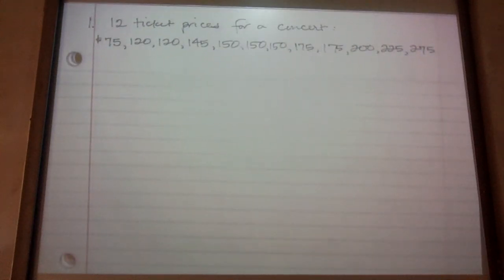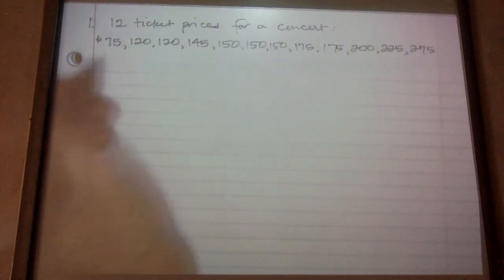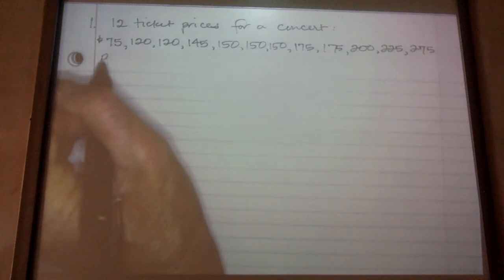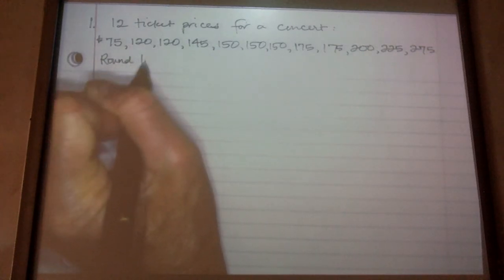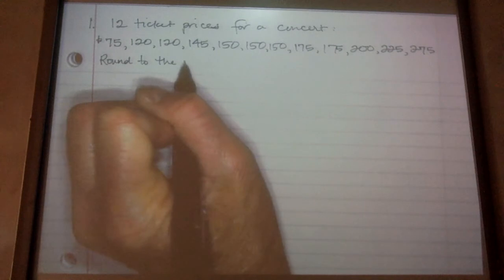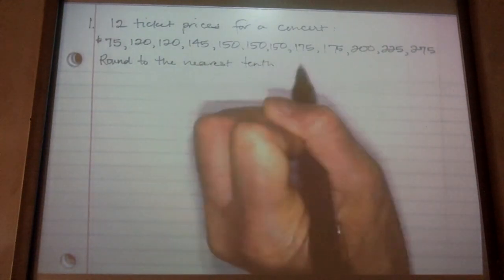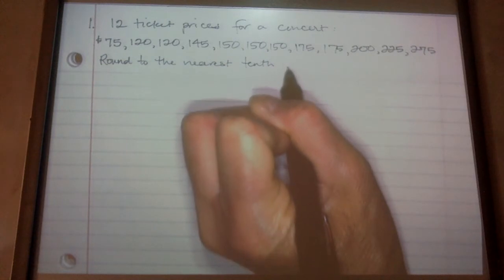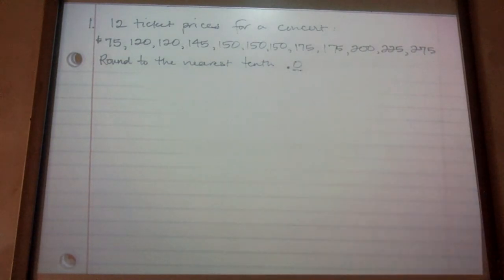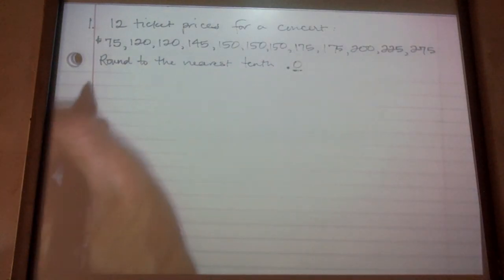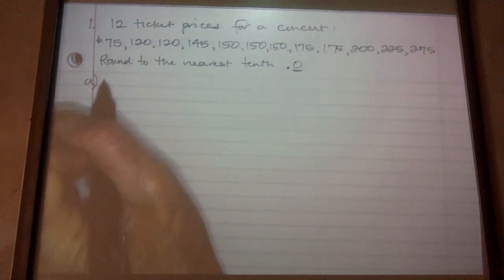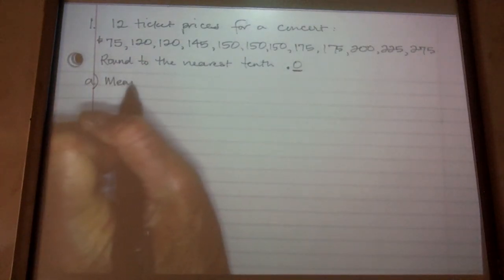So I'm going to go through all the measurements, but I am going to ask that we round to the nearest tenth. Now for review, tenths is that first space after the decimal. So here we go. Part A, I'm going to ask that we find the mean.